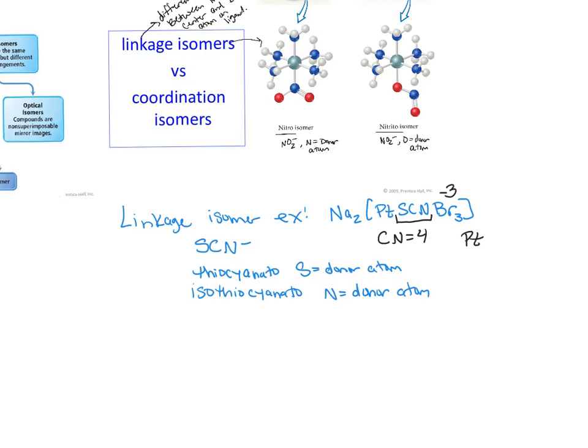My SCN- ligand has a charge of -1. Each sodium counterion is +1, which gives us +2. So I have a total of -4 and +2. So the platinum must be +2 for its oxidation state. So platinum 2+. If I look at my periodic table, I start from the very far side. I cross all the way over to 10 - 2 gives me a d8 metal.